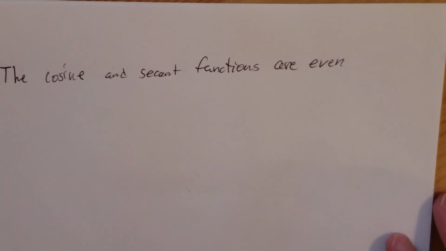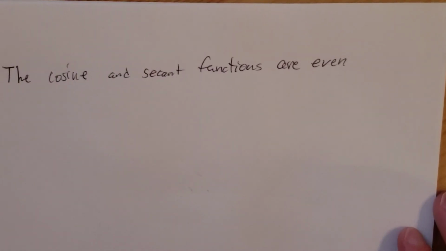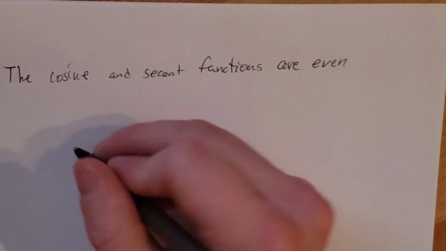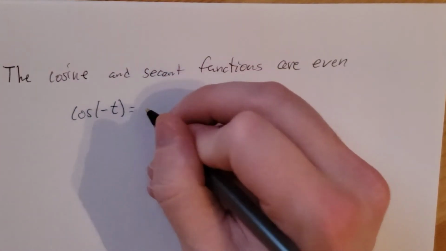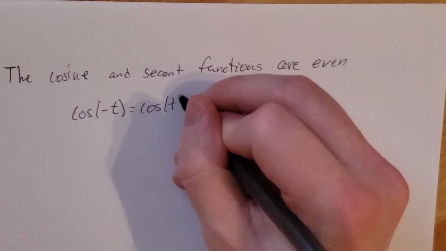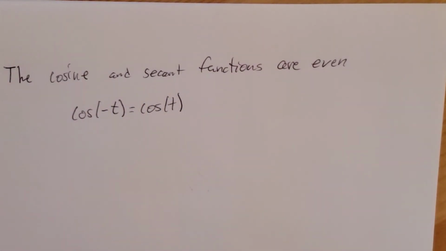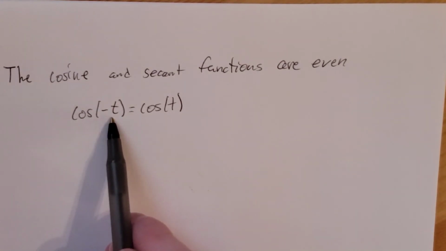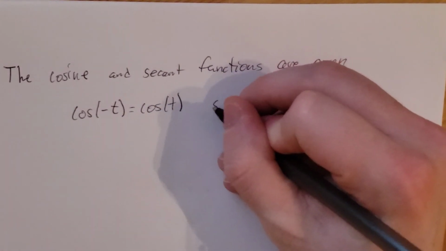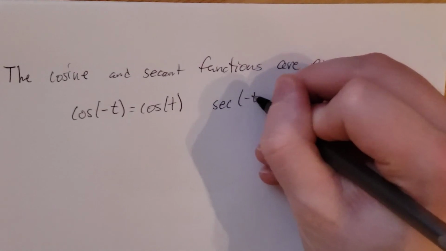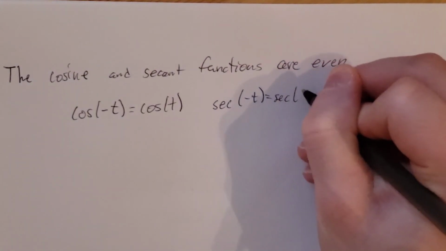Again, this means that cosine of negative t is equal to cosine of positive t, right? A function is even if f of negative x is equal to positive f of x. So cosine of negative t is equal to cosine of positive t. And of course, secant of negative t is equal to secant of positive t.